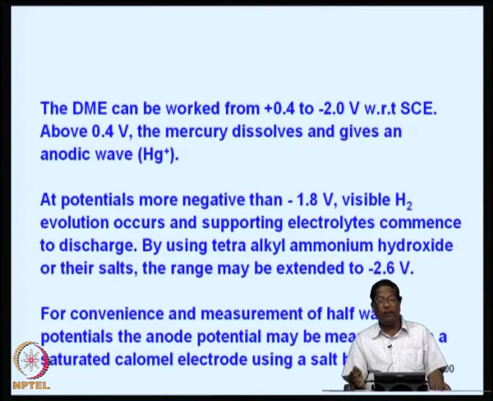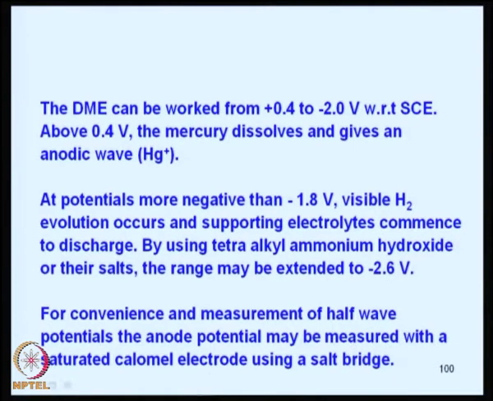For convenience and measurement of the half wave potentials, the anode potential may be measured with a saturated calomel electrode using a salt bridge. One can use a salt bridge also. So, early polarographs used to work only with a salt bridge and then saturated calomel electrode as a reference electrode.